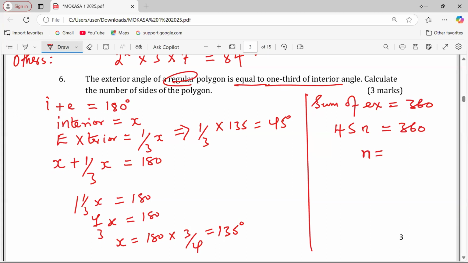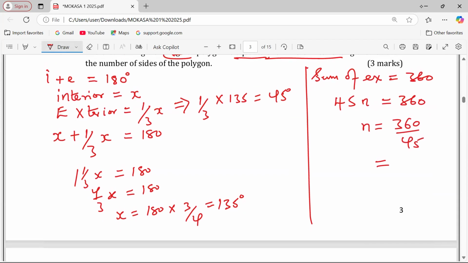So that will remain with the number n equals 360 over 45. So when you divide all that, you're going to get 8 sides.